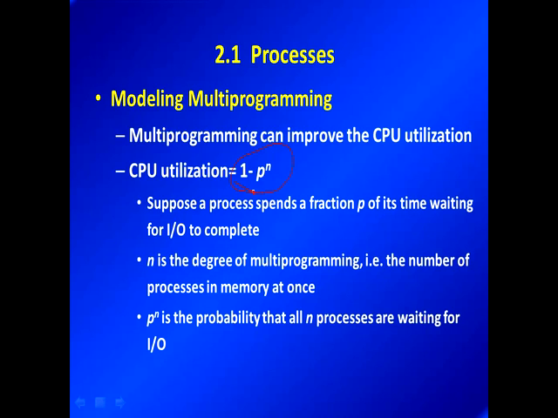You can take a quick look at this expression, where P means the probability that all the processes in the system are waiting for input or output operations, and N is the degree of multi-programming, where the degree means how many processes are in the system at this moment or during a period.